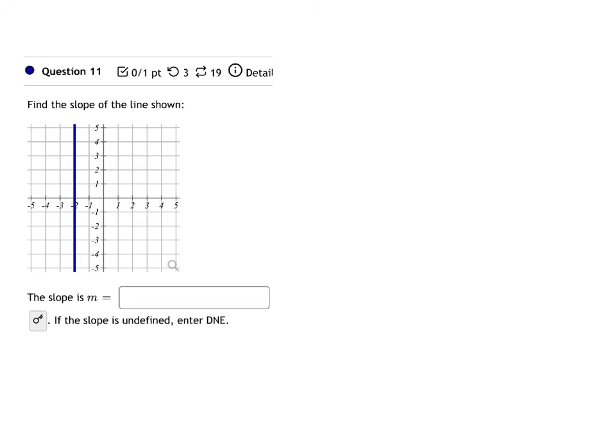So now we have a vertical line. So with a vertical line, we know we're going to have x equals some number. So we see where it crosses the x-axis here, and that is at -2. So no matter what y is, x is going to be -2.